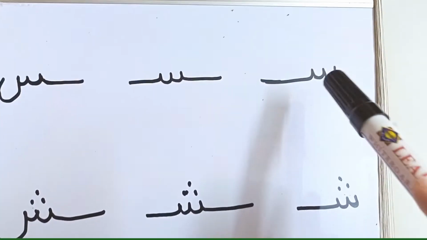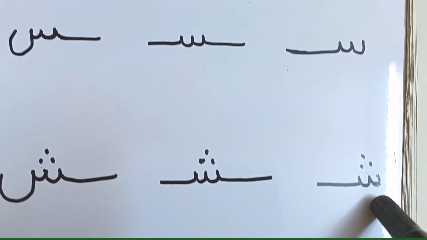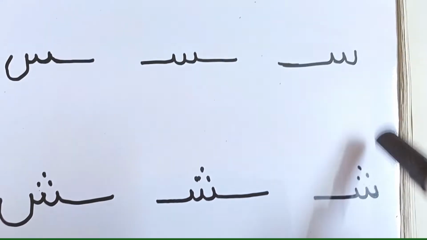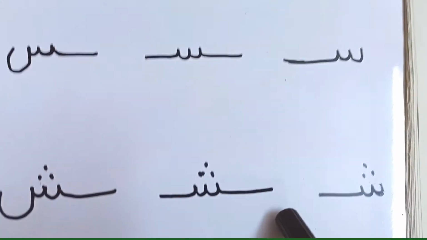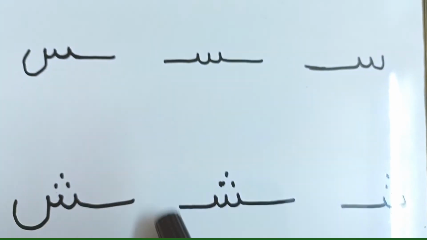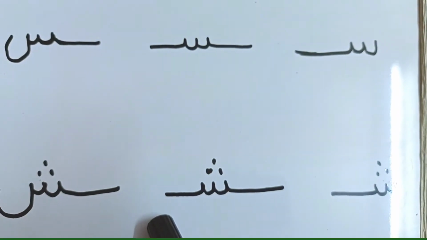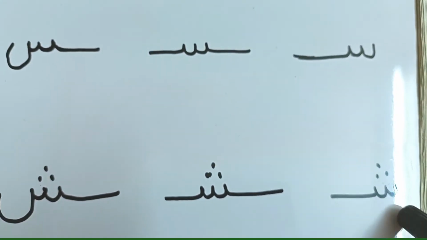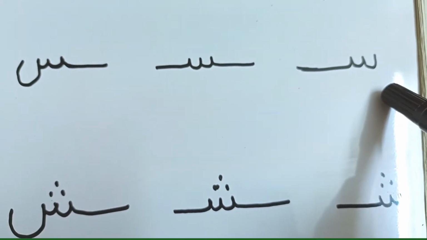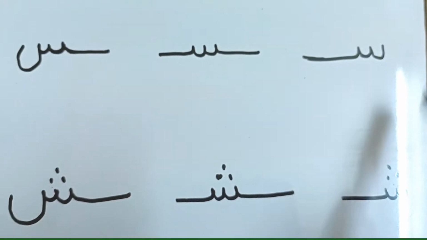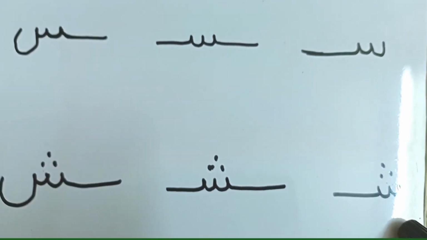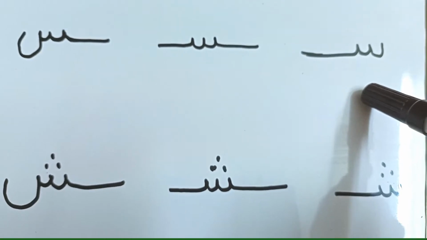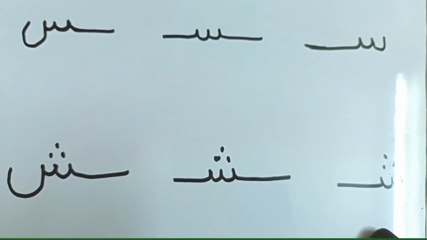These are the letters Sin and Shin, here at the beginning of the word, in the middle, and at the end of the word. The difference between them is that Sin has no dots, but Shin has three dots above it. Sin, Shin.